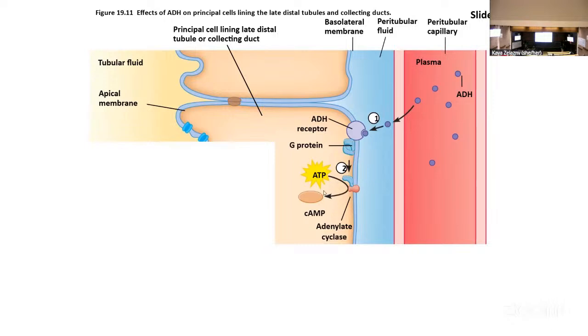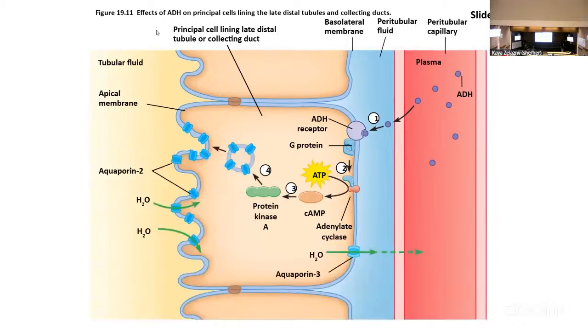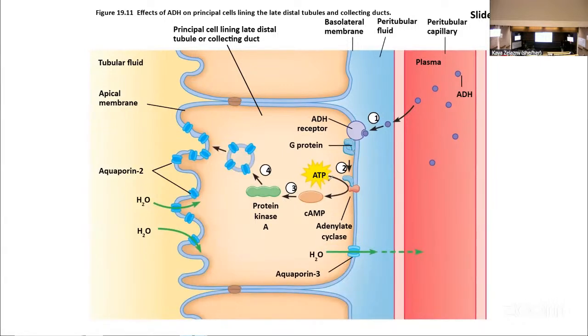I don't expect you to know the exact steps in the middle, but they exist. So here's our signaling pathway. We got some stuff going on here, got some stuff going on here. Our total effect, right? So here's that signaling pathway inside.